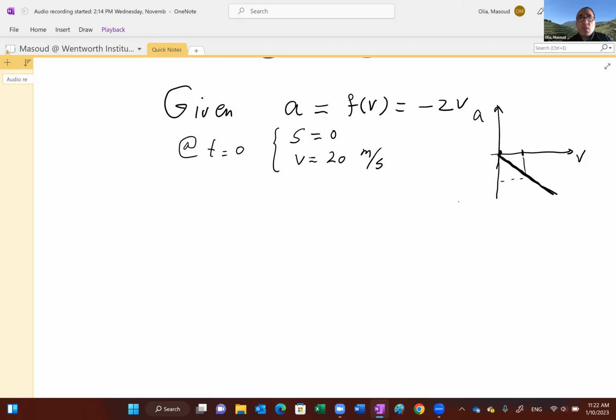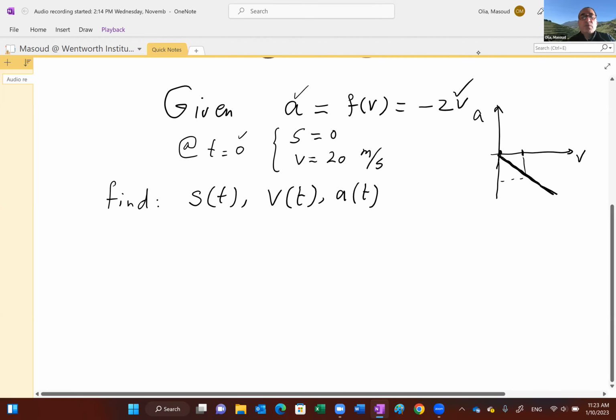Now the question is, given acceleration as a function of velocity and the initial conditions, we want to find position as a function of time, velocity as a function of time, and acceleration as a function of time. Notice that now we want to find everything as a function of time. We already have acceleration as a function of velocity, so the question is, how do we do this?